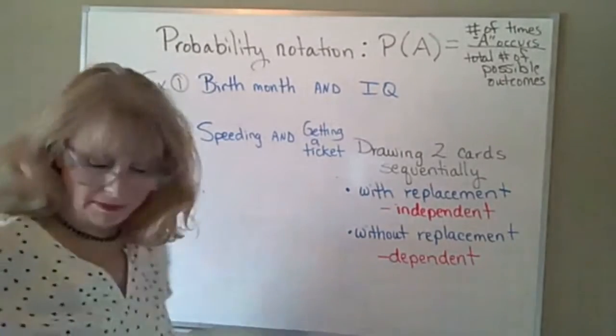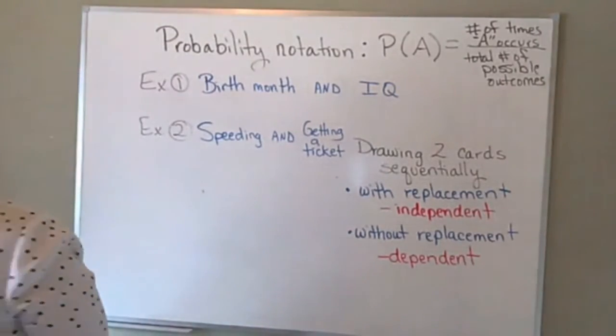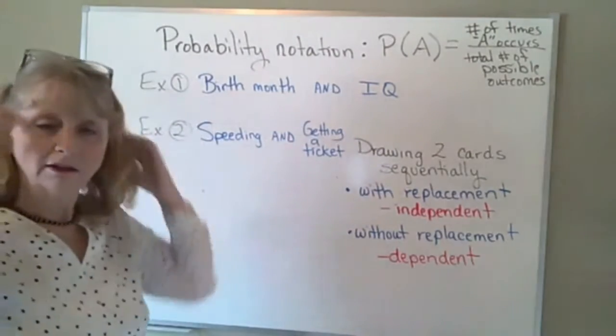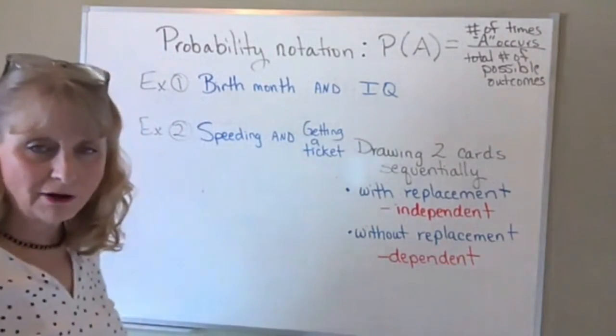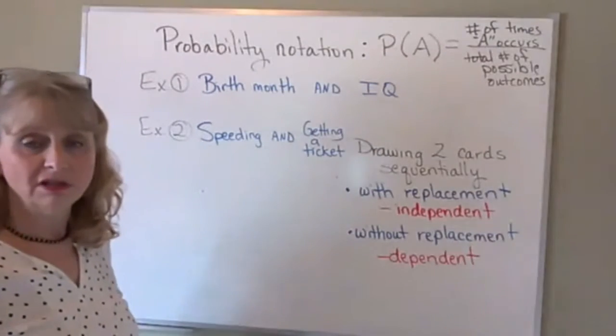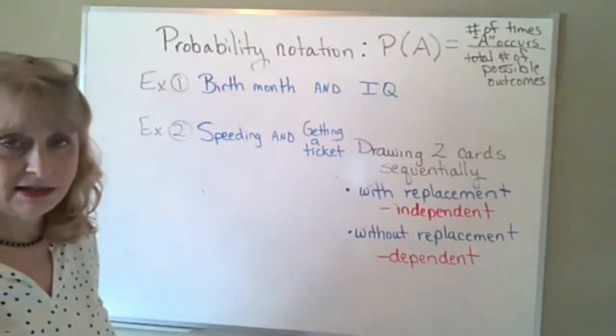Okay, back to this problem. We have to decide on number 1. You can type in the chat or turn on your microphone. Are birth month and IQ dependent or independent events?